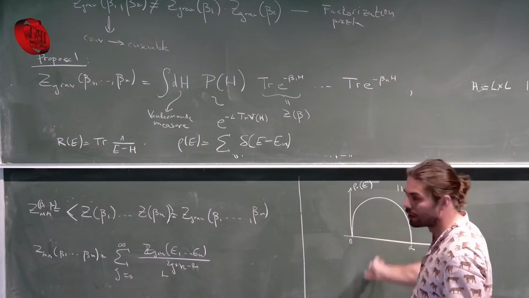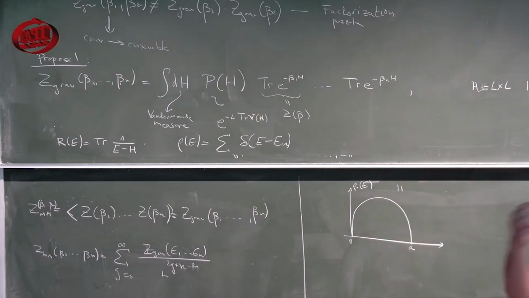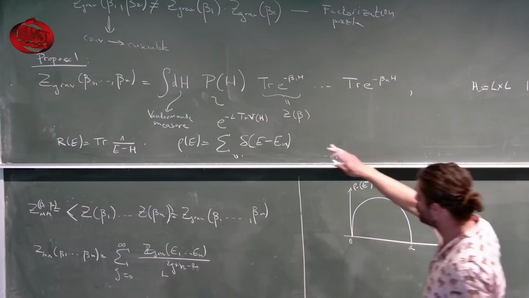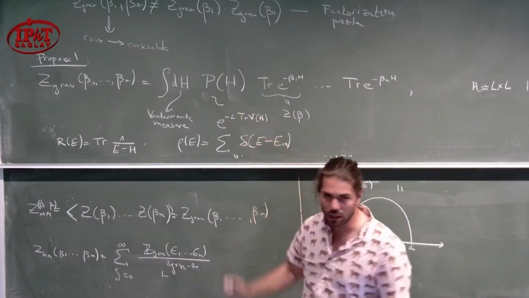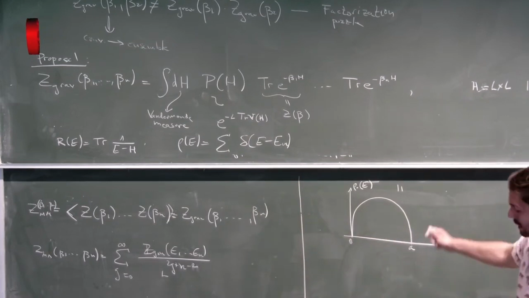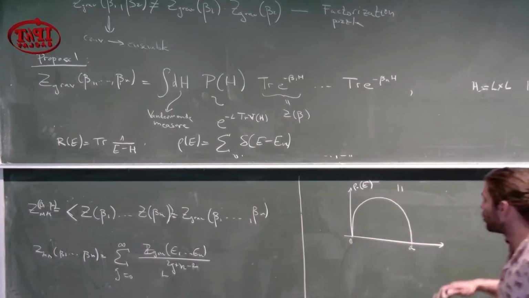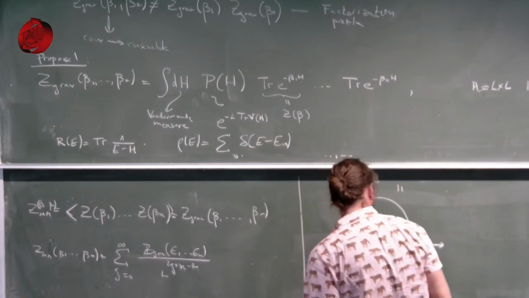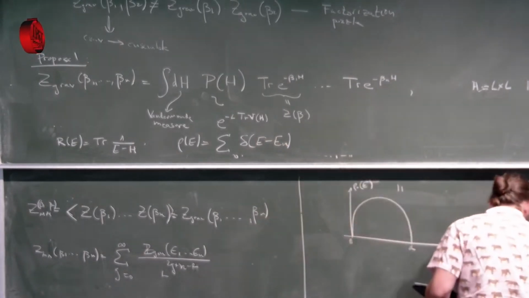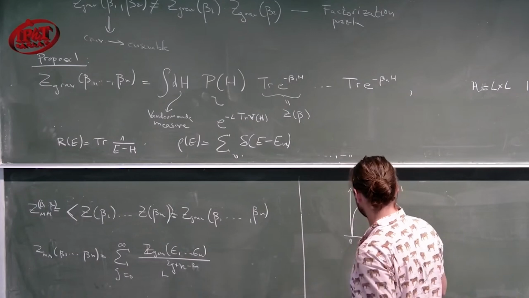But here we can just shift the ground state energy. The important thing is that the shape of this density of states that measures the density of eigenvalues of a random matrix H is a semicircle. And more generally, changing the potential V of H can give you different shapes for this density of states.